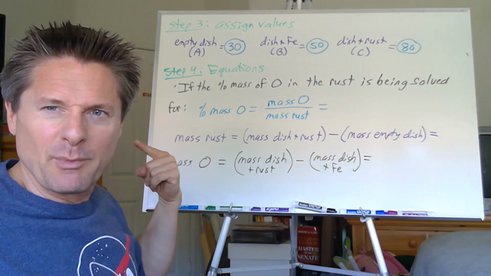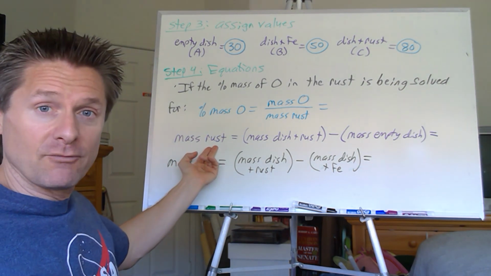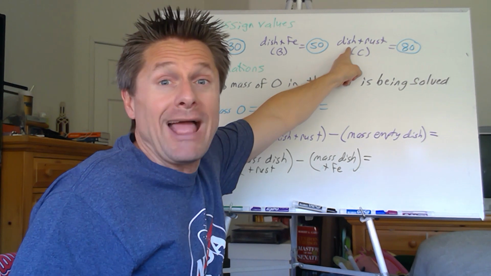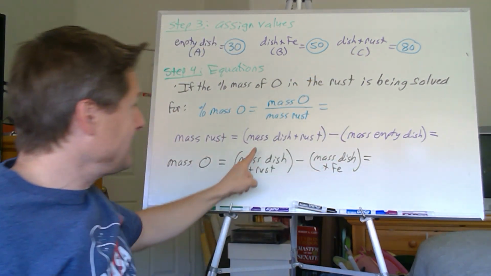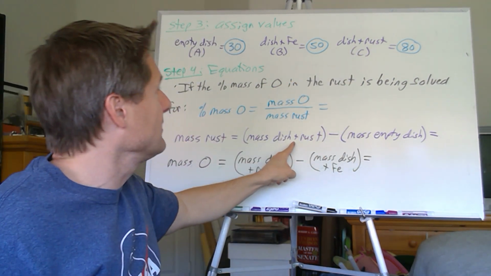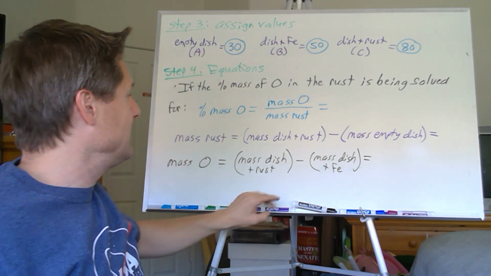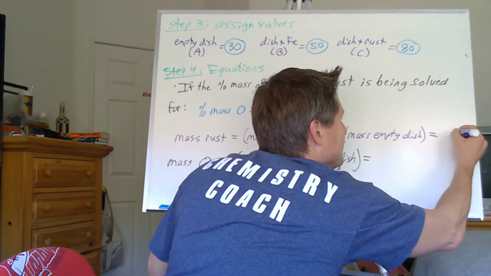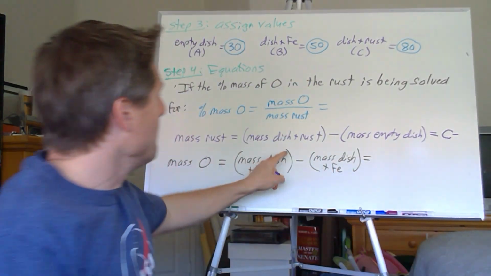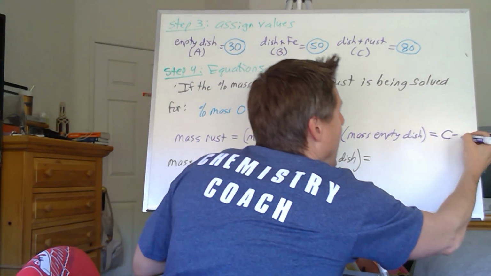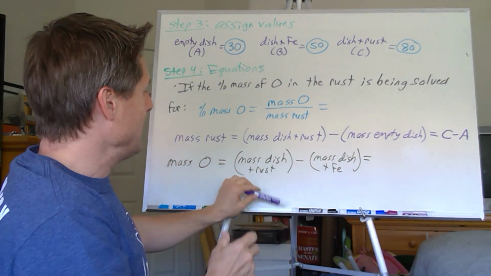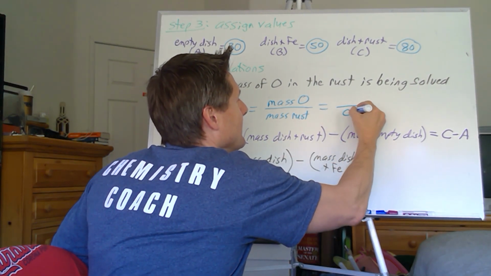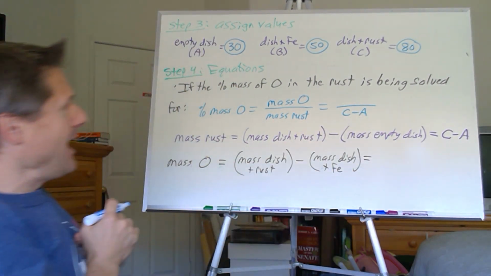I thought the mass of rust would be easier, so I started with that one. The mass of rust, of course, we have rust here. So if we want the mass of rust, we just have to subtract out the mass of the empty dish, right? So let's take the mass of the dish plus the rust, subtract the mass of the empty dish. The mass of the dish plus the rust is C. The mass of the empty dish is A. So would you agree that the mass of the rust would be C minus A?